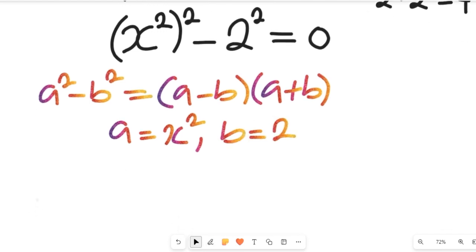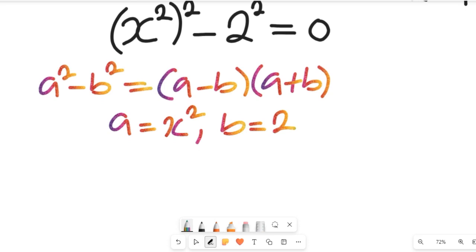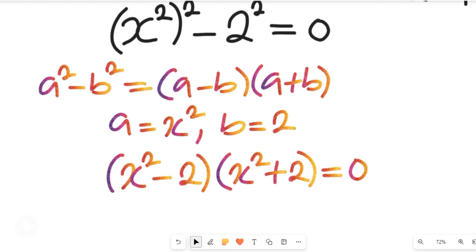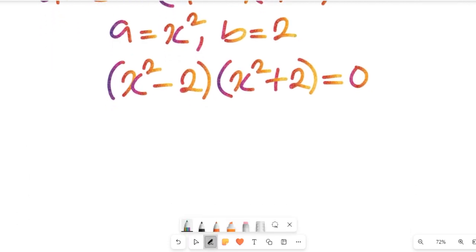So if we apply that expression there, we're going to have that equation to now become x squared minus 2, right? And then we'll have x squared plus 2, right? And this will be equal to 0. Great. So having seen this, we are going to simplify that expression.